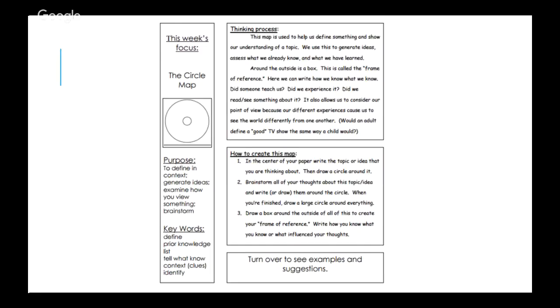So in the center of your map, which in your case you're going to create using a Google Drawing, that's where you're going to put your topic. So whatever your foundation is, then you draw a circle around it. Then you brainstorm all of your thoughts and put those outside of the internal circle. You can go out and find pictures that relate to it.